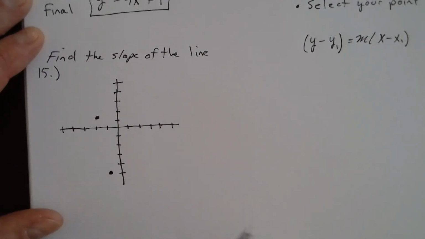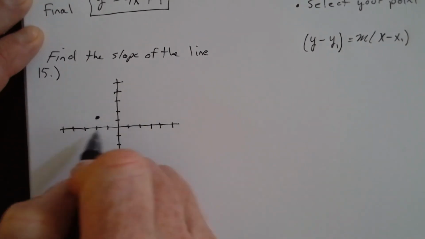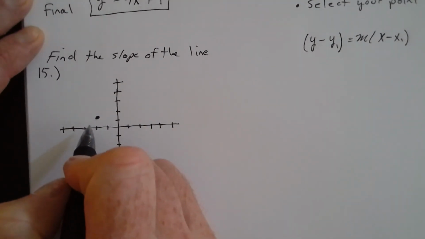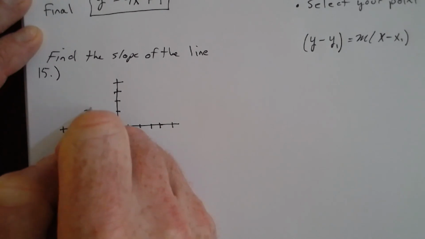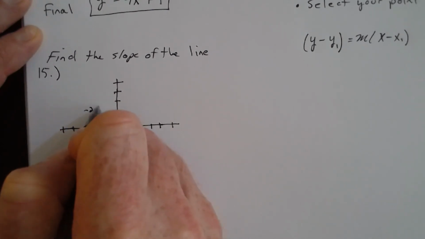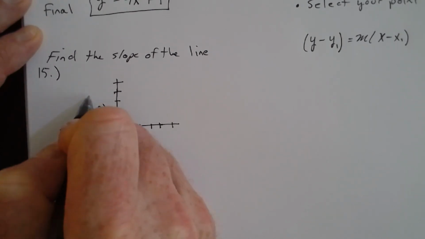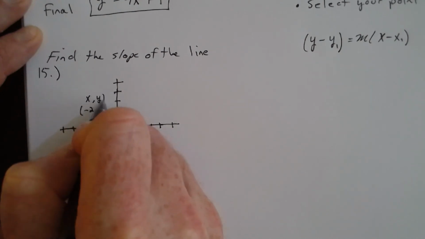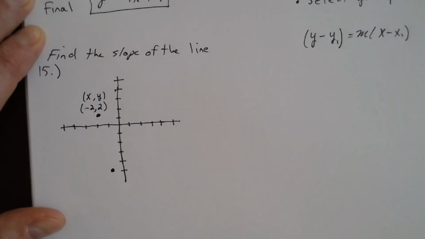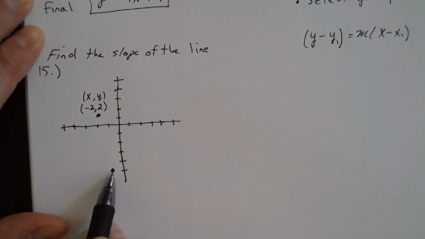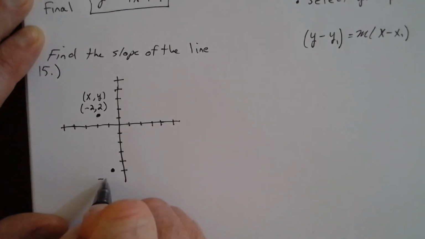So we're going to always put the x coordinate first, which is negative 2. And then the y coordinate is going to be positive 2. So x and y. Down here, what's this one going to be? Negative 1 and negative 5.